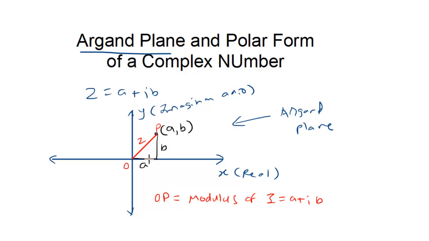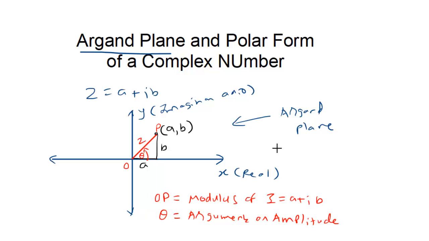And the angle made by this OP ray in anticlockwise direction with the positive x-axis is known as argument, or amplitude, of a complex number. So I hope the concept of Argand plane is also cleared.